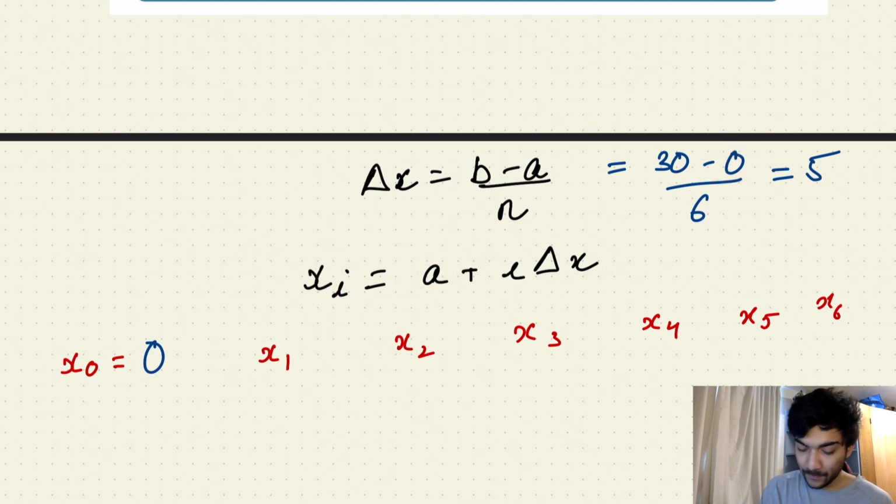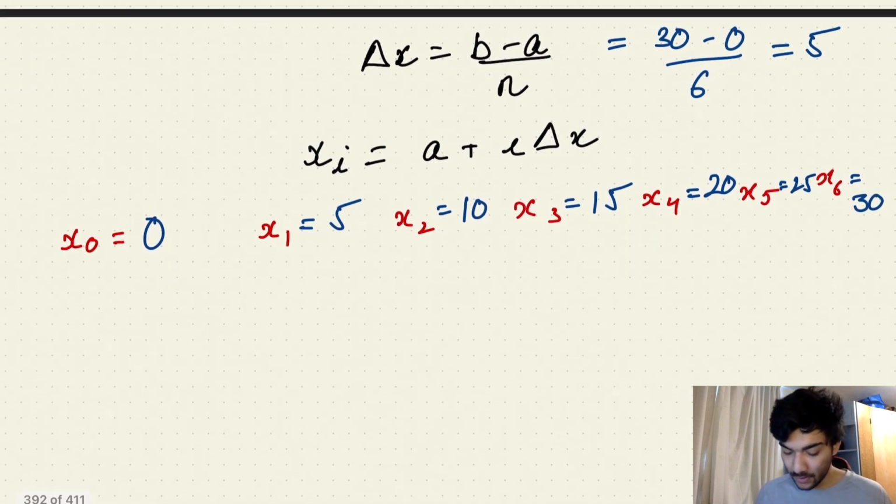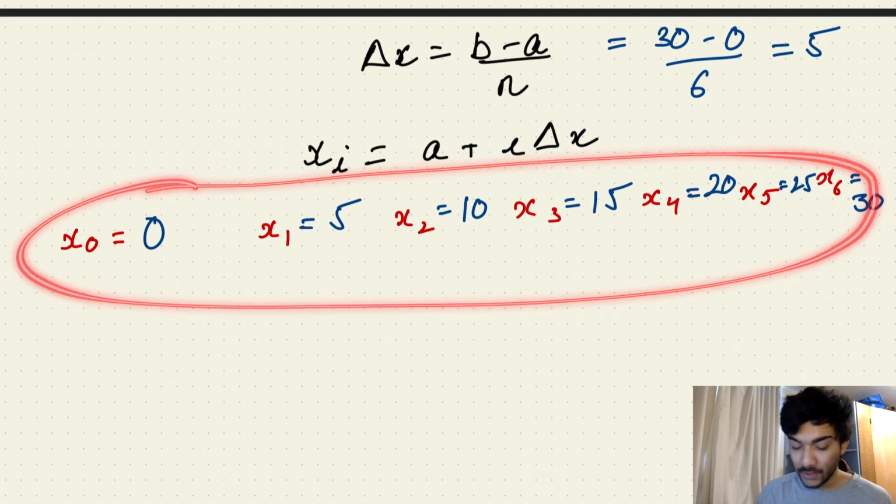Then your x1 would be 5, because you're incrementing every value by 5 units. So x2 would be 10, x3 would be 15, x4 would be 20, this would be 25, and x6 would be your b, which is 30 in this case, right? So now you have your xi's of your right hand Riemann sum rule.